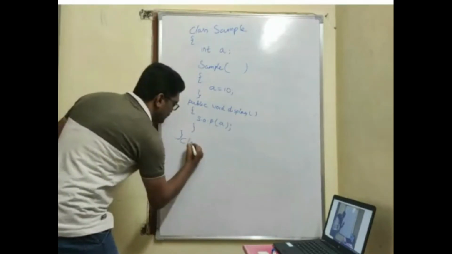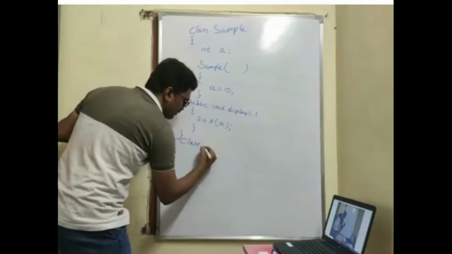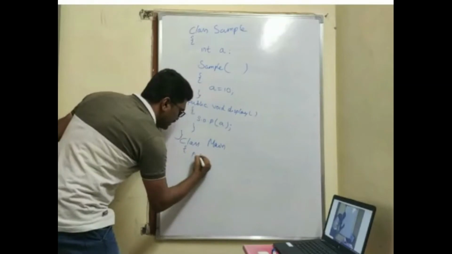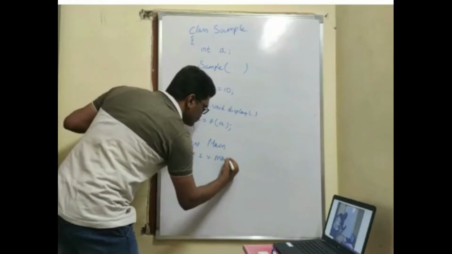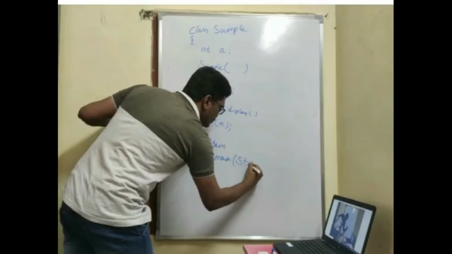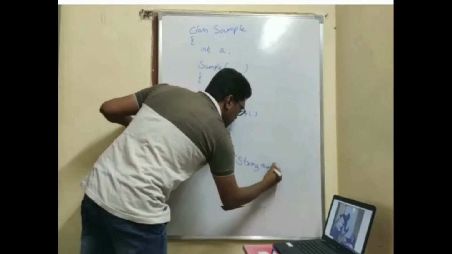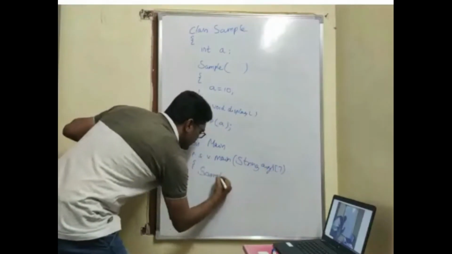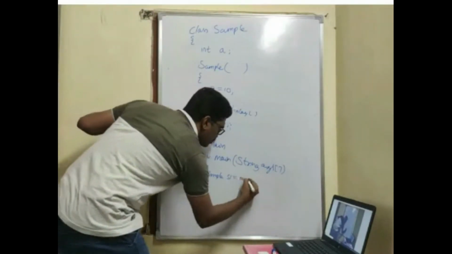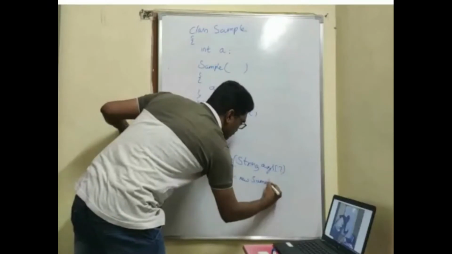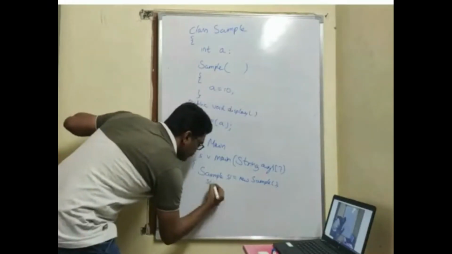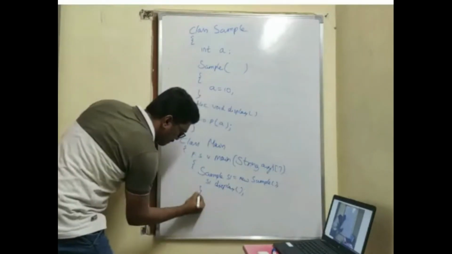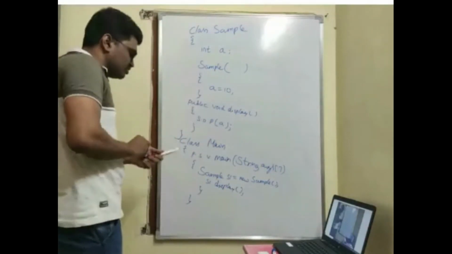Now I'll write my main class. Suppose class main, public static void main, String args. Now I create object for the class: sample s1 is equal to new sample. S1 dot display.